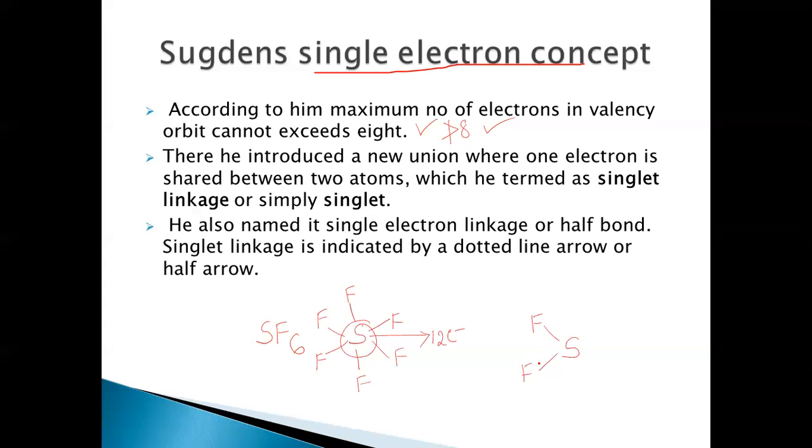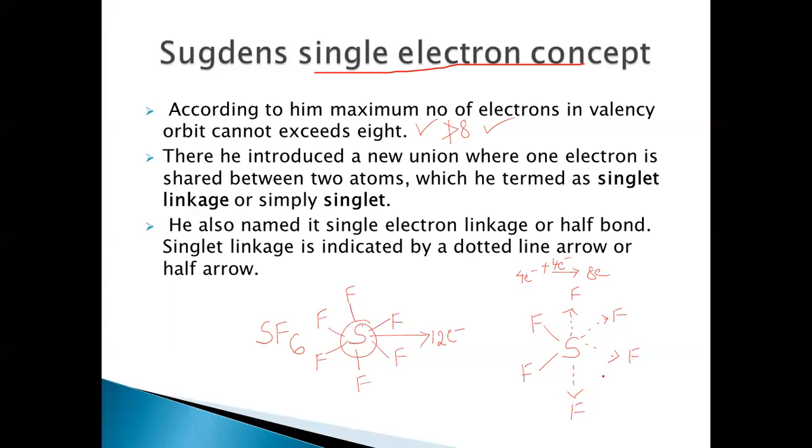That means 2 covalent bonds, which is 4 electrons. So how many electrons is it short of now to attain 8 electrons? Only 4 electrons, right? So it will attain these 4 electrons by means of singlet linkages with the other 4 fluorine atoms.